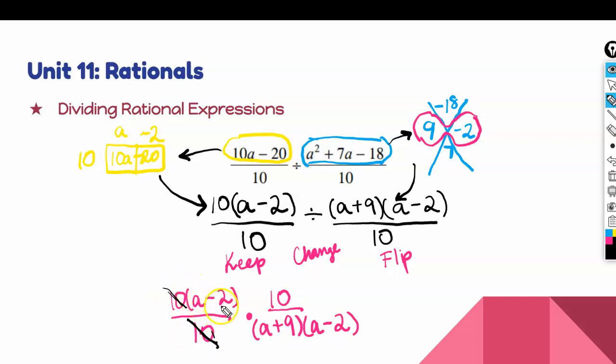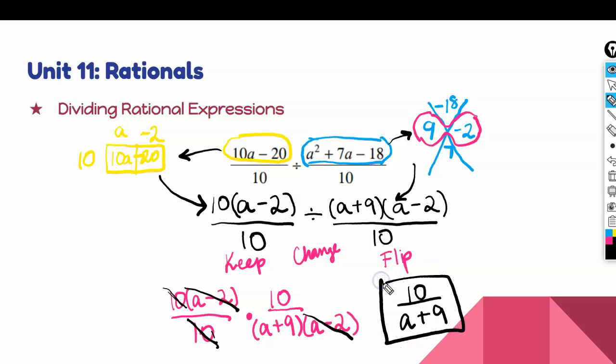And then I see an (a minus 2) in parentheses on top and an (a minus 2) in parentheses down here in the bottom. All that I am left with is a 10 on top and then a plus 9 on the bottom. And so that is my answer.